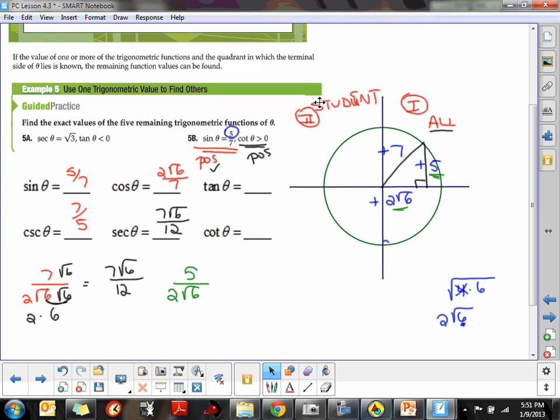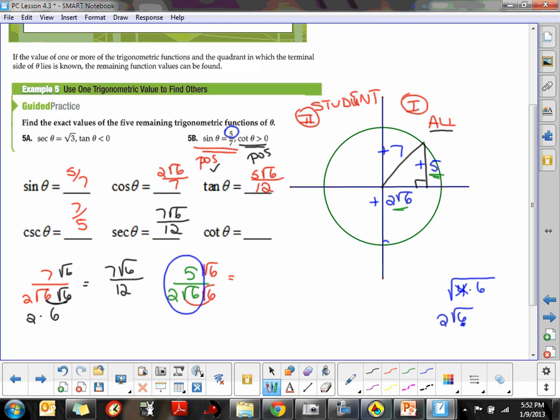Again, we're going to be forced to rationalize, square root of 6 over square root of 6, and we're going to end up with 5 times the square root of 6 all over 2 times 6, which is 12. And then the last part, I would reciprocate this, or I just grab the x value over the y value. So it's 2 square roots of 6 all over 5.